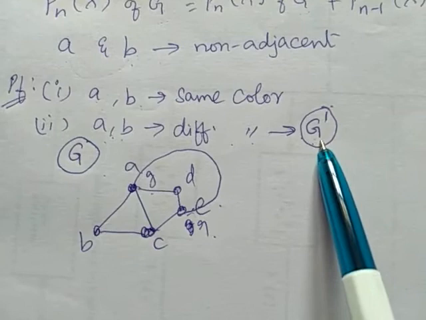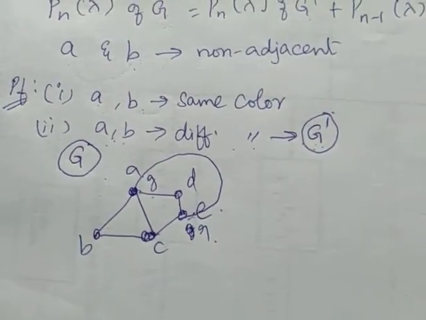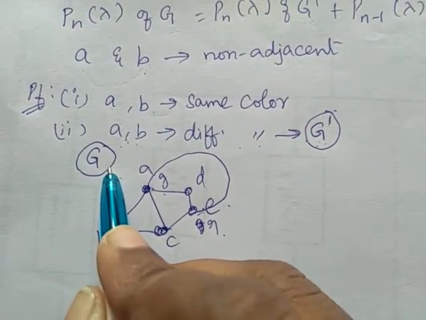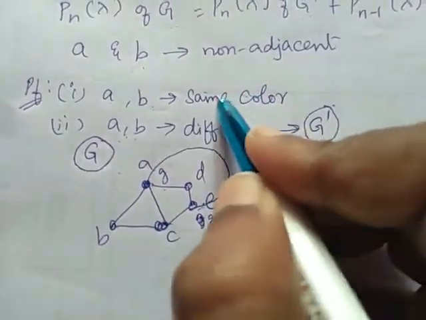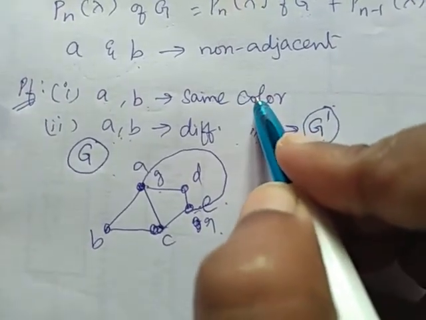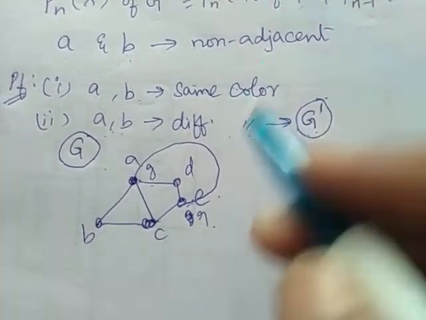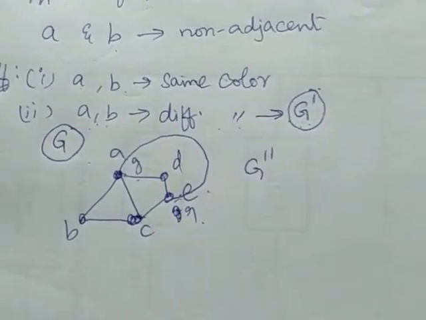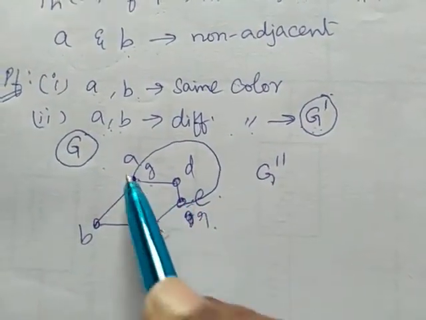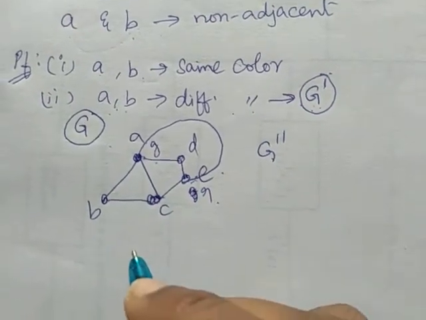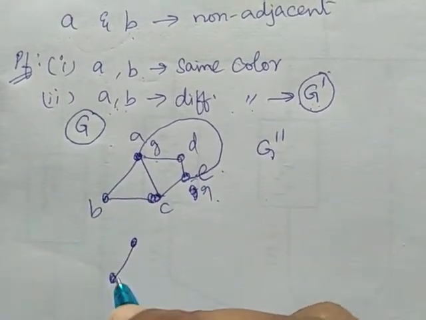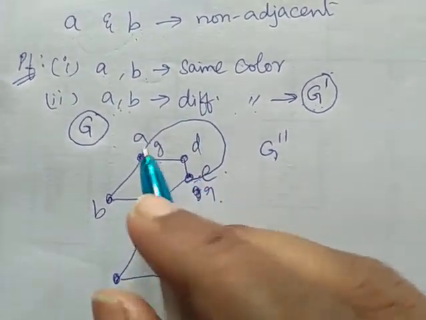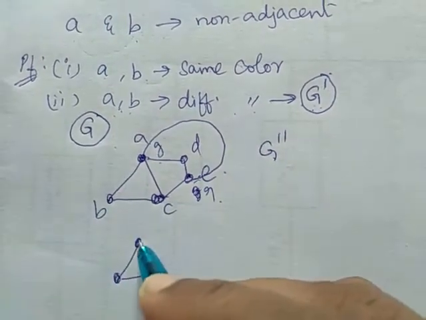Correct? Now the second case, the number of ways of properly coloring G such that A and B have the same color, is equal to the number of ways G double dash is properly colored. How are we getting G double dash? By merging these two vertices. So we will get the graph in this way. E and G are merged together.